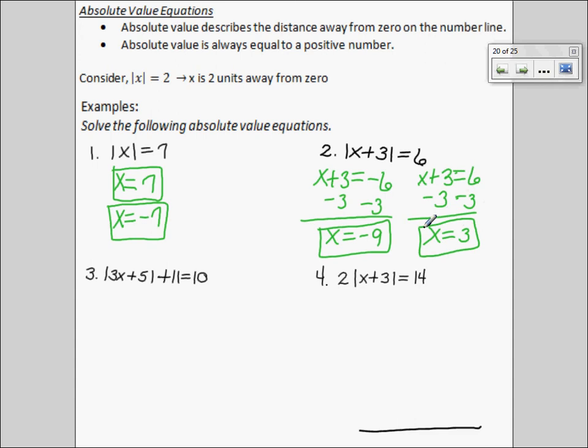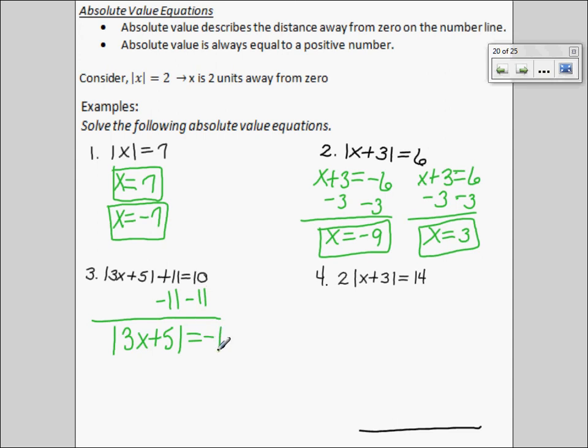Okay, with number 3, we have the absolute value of the quantity 3x plus 5, plus 11 equals 10. To start this, you just subtract 11 on both sides. So you have the absolute value of 3x plus 5 equals 10 minus 11, or just negative 1.